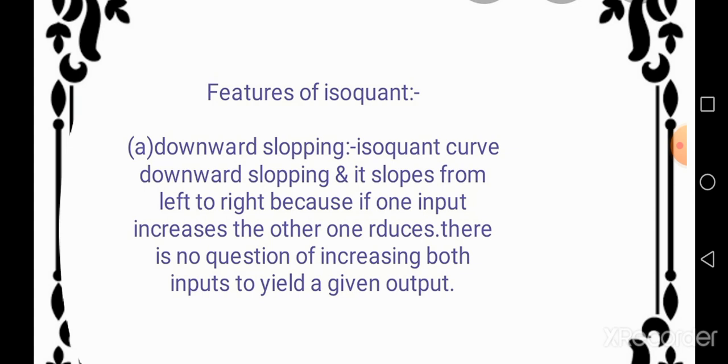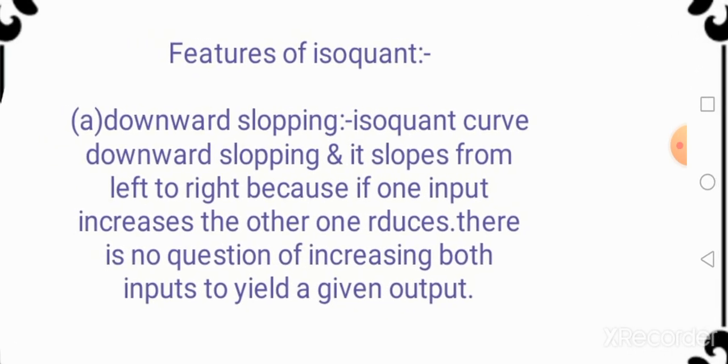The first feature of an isoquant curve is that it is downward sloping. The isoquant curve slopes from left to right because if one input increases, the other one reduces.